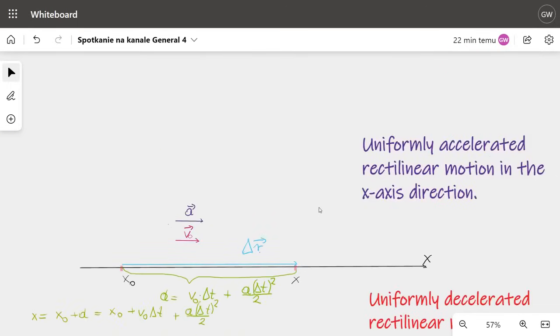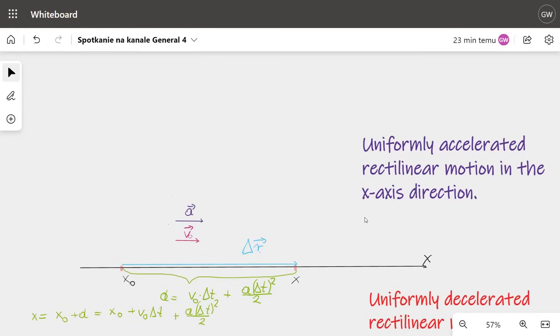To derive equations of motion, we only need equation for distance in uniformly accelerated and uniformly decelerated motion. Here we have uniformly accelerated rectilinear motion in the direction of x-axis.